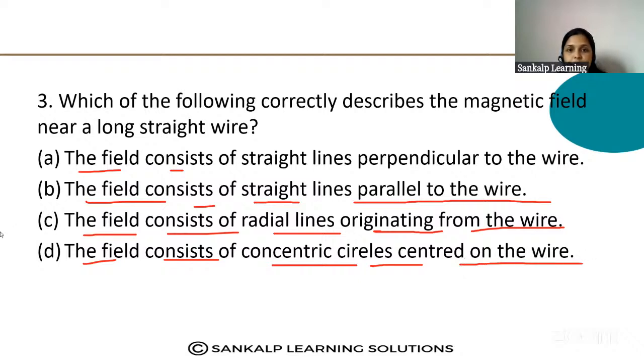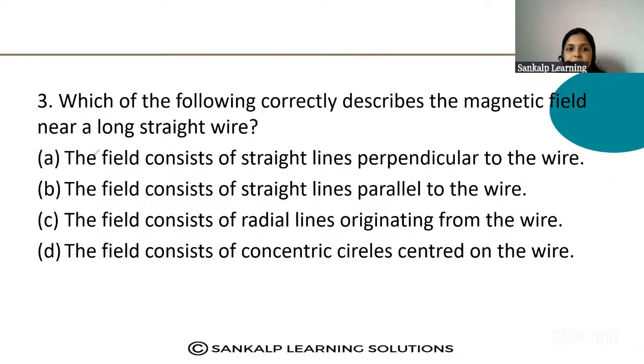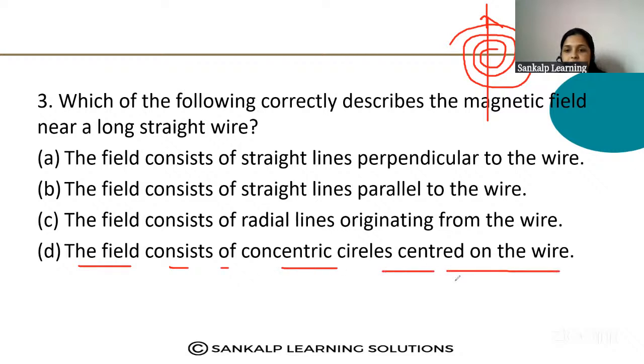Here, this is a long straight wire, and the magnetic field will be like this when the current passes through it. The correct answer is the field consists of concentric circles centered on the wire. Option D is the correct answer.